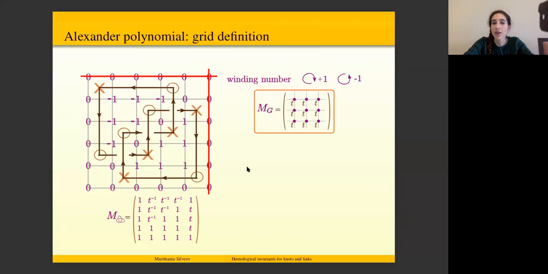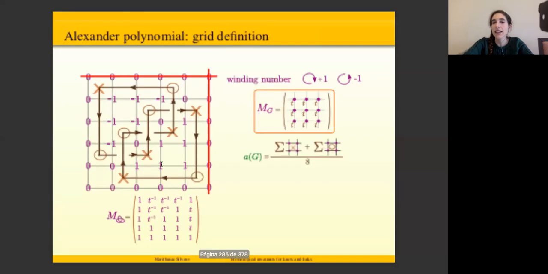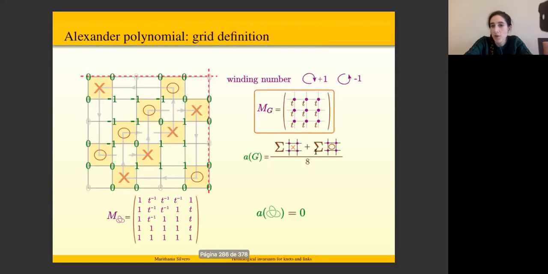Okay, so now, sorry, I forgot to say that you remove the upper row and the rightmost column. You remove this and this, I cross them with red, and then we have this matrix, and then we need this index. A is going to be the sum of all the numbers which are in the corners of X and of circles, quotient by 8.